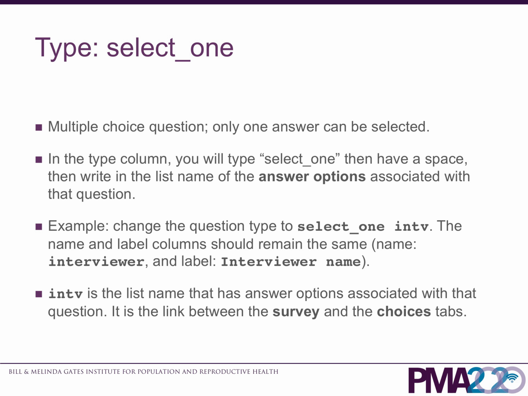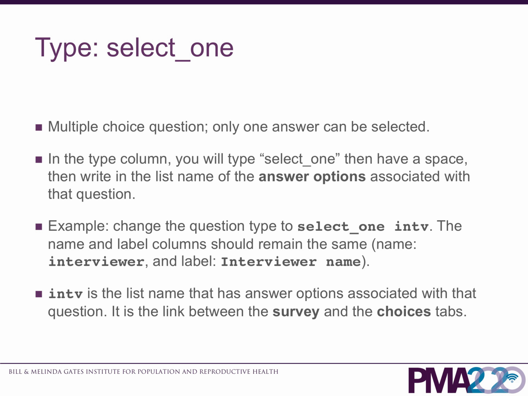In the type column, you will type select_one, whereas the metadata question types that James explained to you had only one word. A select_one and actually a select_multiple will have 2 words in the type column.